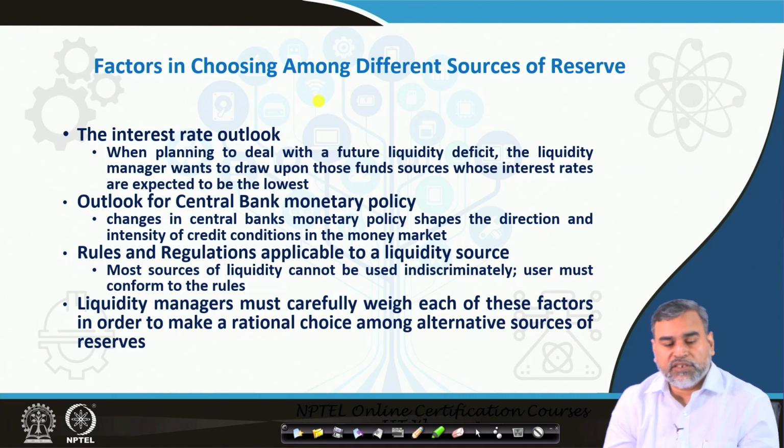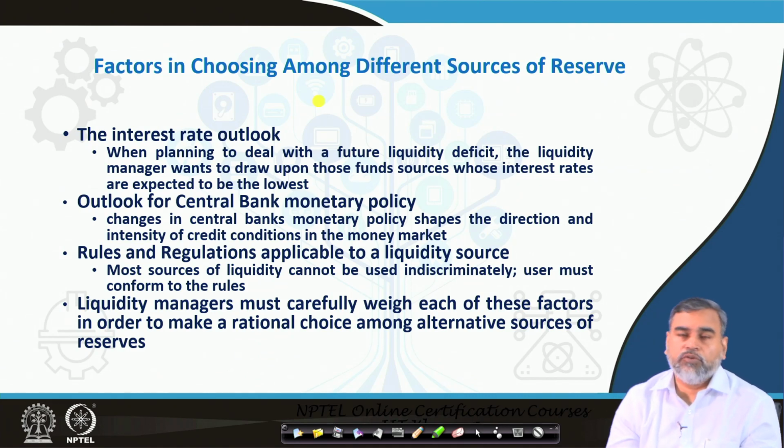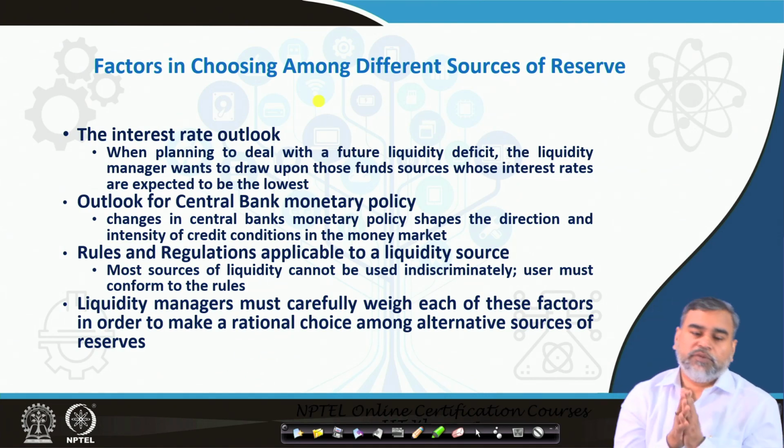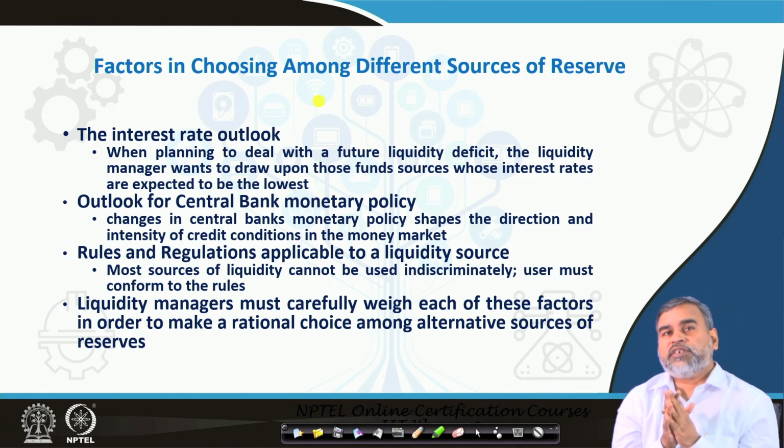So, in the high interest rate scenario, you observe that the demand for loans declines, although the deposit base is increasing to some extent, but the bank is not able to fulfill its objective, because it wants to maintain both liquidity and profitability at one go. Then most sources of liquidity cannot be used indiscriminately; the user must conform to the rules, that is, what kind of rule they should adopt to maintain the liquidity position of the commercial bank.